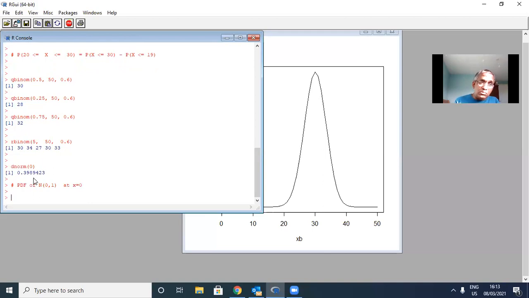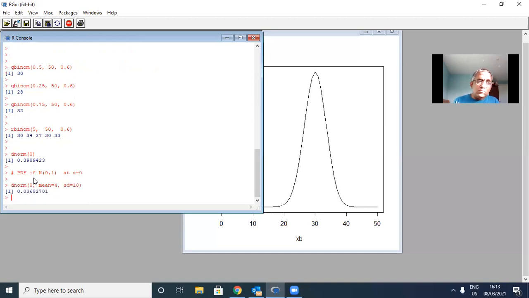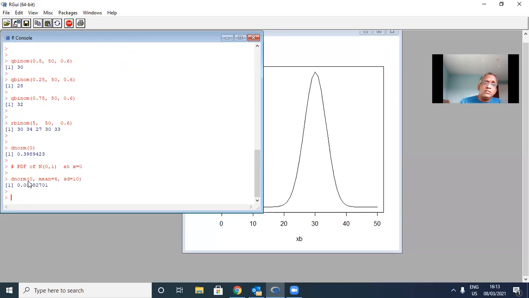Now if you want to compute the density at different values, you can use this. This command here computes the density of a normal distribution with mean equal to 4, standard deviation equal to 10.